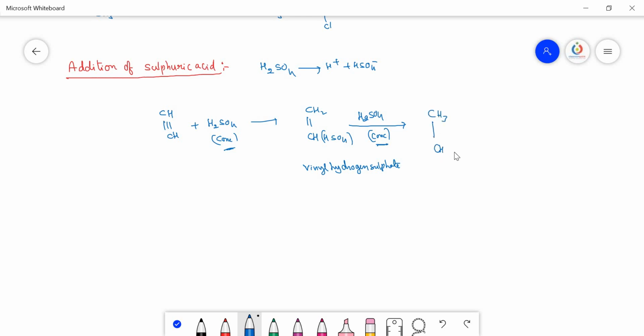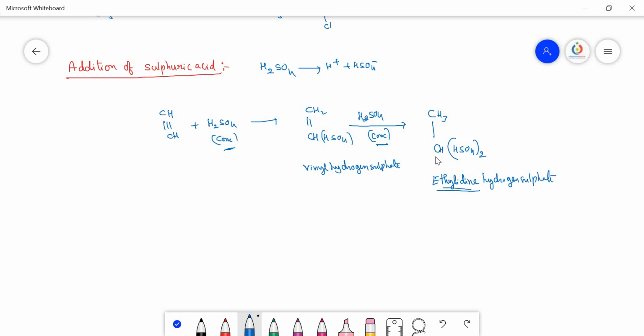And next one is HSO4 taken twice. This is called ethylidene hydrogen sulfate. So why use the word ethylidene?